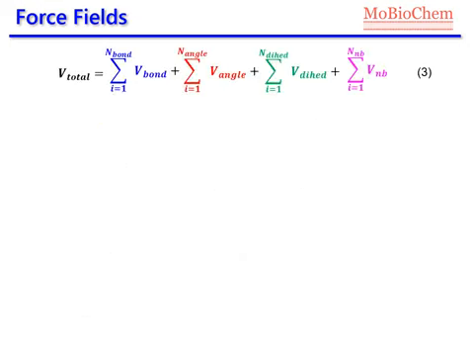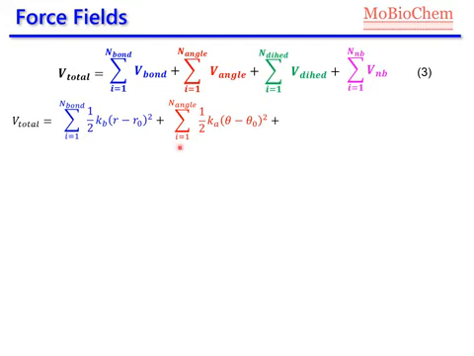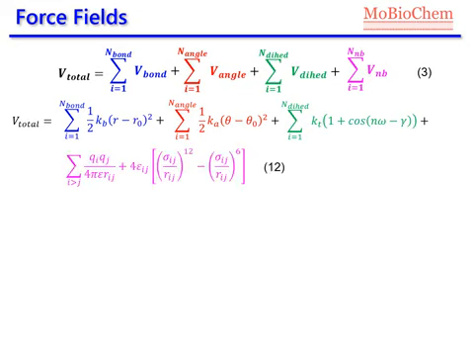Let's summarize what we have. We are going to compute the bond interactions using a harmonic potential, which depends on the square of the separation between the atoms. We are going to use also a harmonic potential for the angle interactions, the Fourier equation for the dihedral interactions or torsion interactions, and finally for the non-bonded interactions we will have three different contributions. The first one is the electrostatic interaction between the charges in our system.